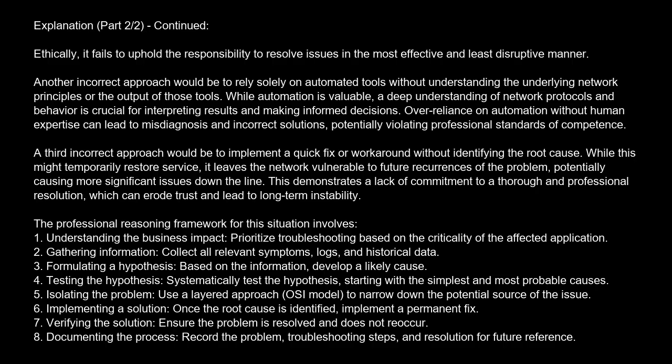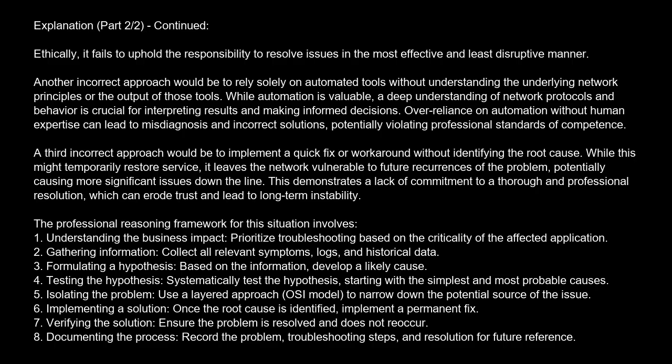Understanding the business impact. Prioritize troubleshooting based on the criticality of the affected application. 2. Gathering information. Collect all relevant symptoms, logs, and historical data. 3. Formulating a hypothesis based on the information. Develop a likely cause. 4. Testing the hypothesis. Systematically test the hypothesis starting with the simplest and most probable causes. 5.